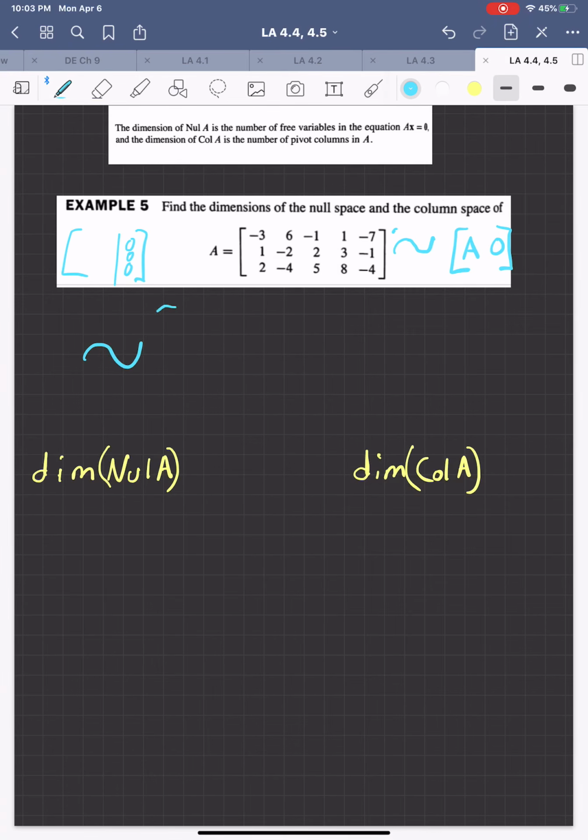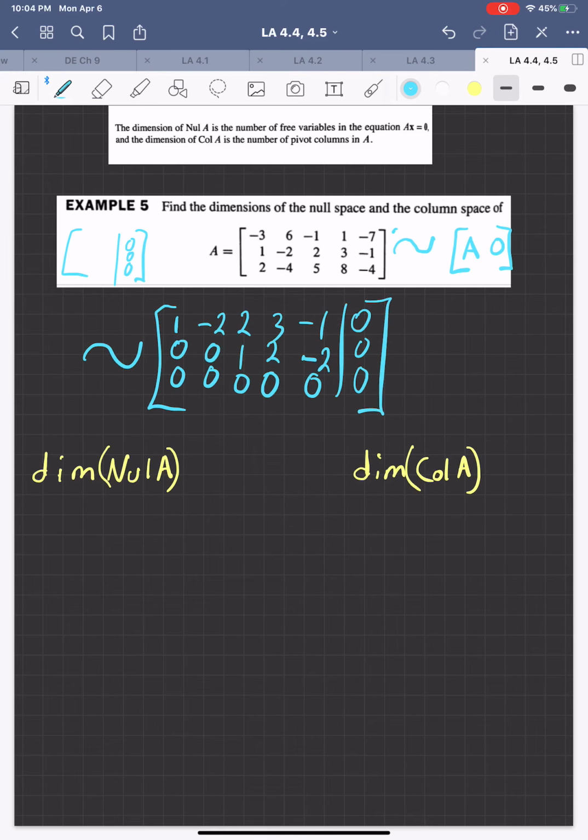And now what's about to pop up is what it would look like if you row reduce. Okay, so this is what it would look like. So I have 1, 0, 0, negative 2, 0, 0, 2, 1, 0, 3, 2, 0, negative 1, negative 2, 0, and 0, 0, 0.